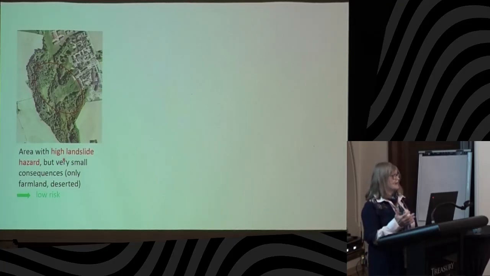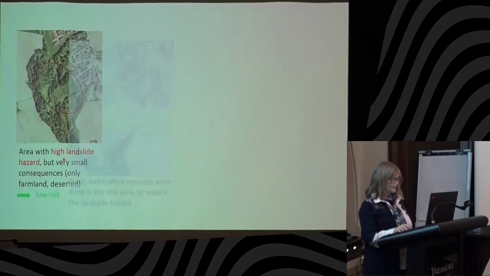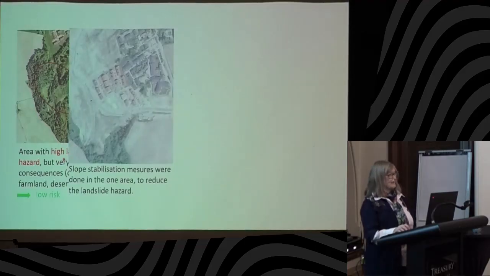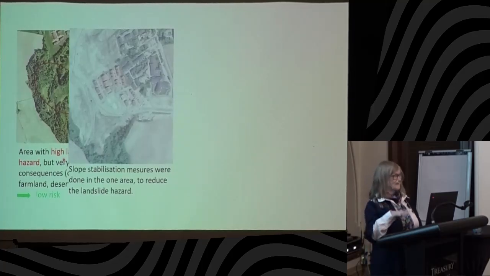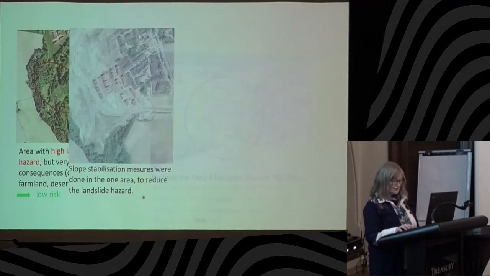So the risk is small because there are no consequences to a landslide occurring there. And then naturally everybody wants to earn money, so an investor can say, yeah, but this is a nice area. We could build lots of apartments and sell them. So stabilization was done over this entire area, and buildings were built, that was in 2007, to reduce the hazard of a landslide.